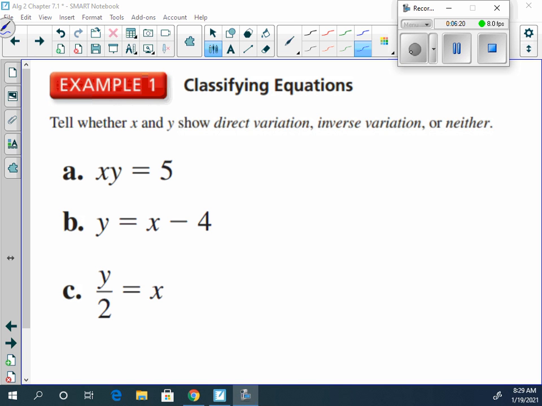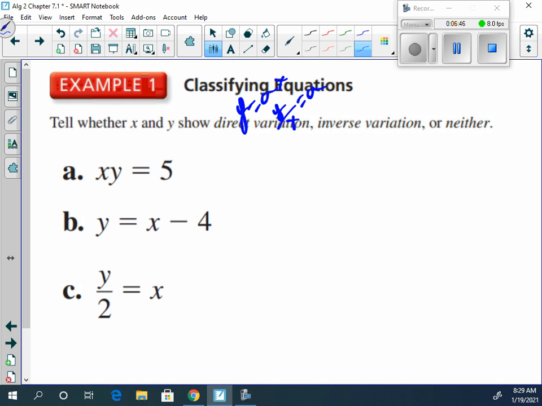All right, let's get back to this here. So when we look at this first example, what we're going to do first is determine and classify whether x and y show direct variation, inverse variation, or neither. Now, with direct variation, we saw it in two forms: y equals ax, or y over x is equal to a.